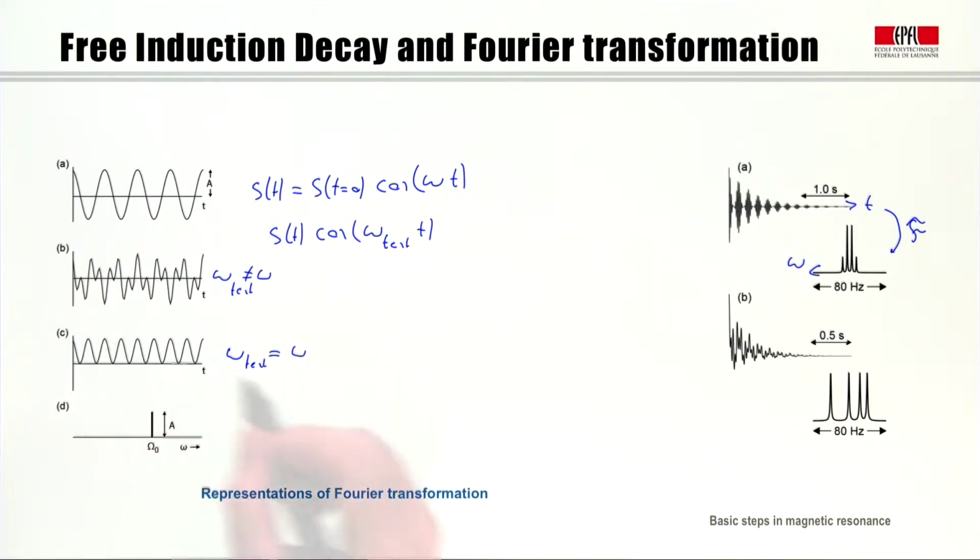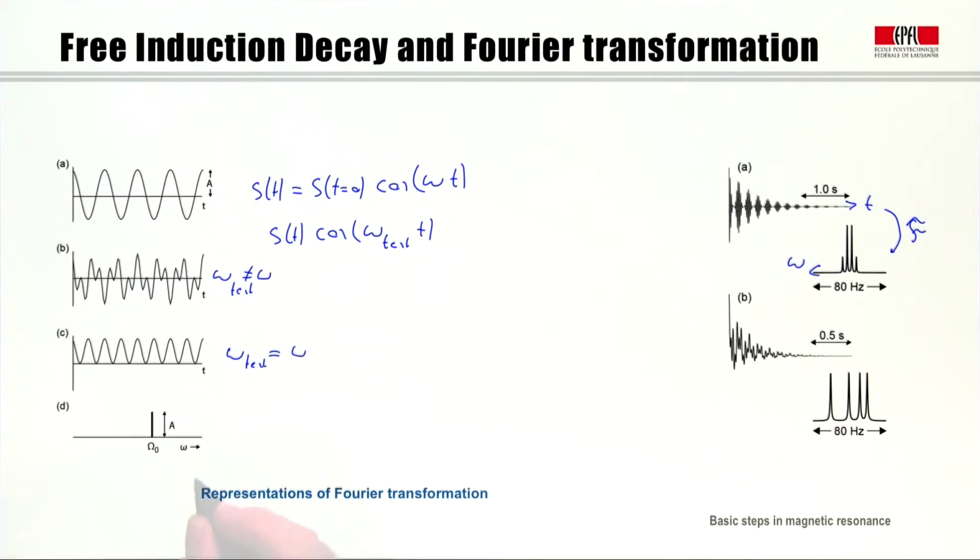And in that case, we see that we have a square of a cosine function. Now the difference is that in this case, if we integrate over all of these values, then we get 0 or something that will converge to 0. Whereas if we integrate over a positive function, it will be non-zero. So in this case, we have a resonance when omega test is equal to omega.